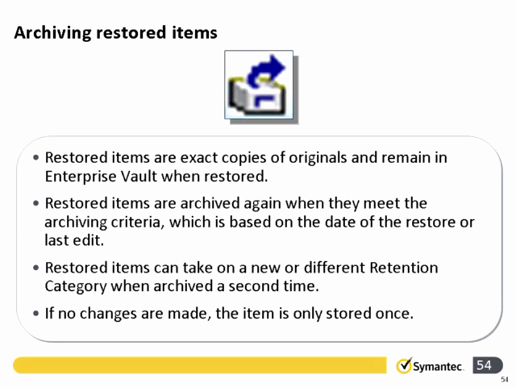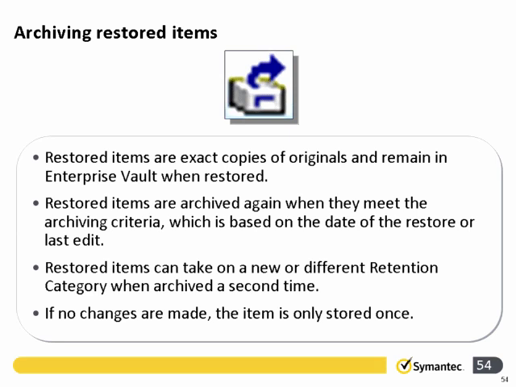I also alluded a little bit earlier in the lesson to the fact that if you do restore an item, that item, based upon the archiving policy or rule, could be re-archived again. So in that particular case, they are exact copies of the original unless you've made a modification to them. So therefore, when the mailbox archiving task runs, it'll actually re-archive that item.